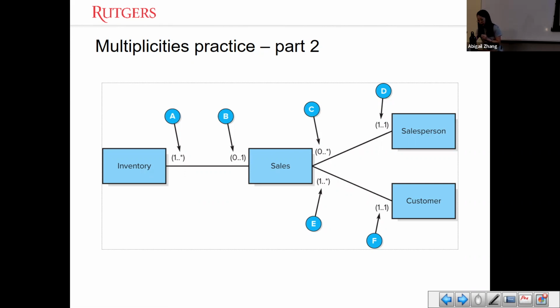For A, let's write: each sale is associated with 1 or more inventories. That makes sense, because you have to sell something. B, each inventory is associated with 0 or 1 sale. That means inventory is either sold or not sold.